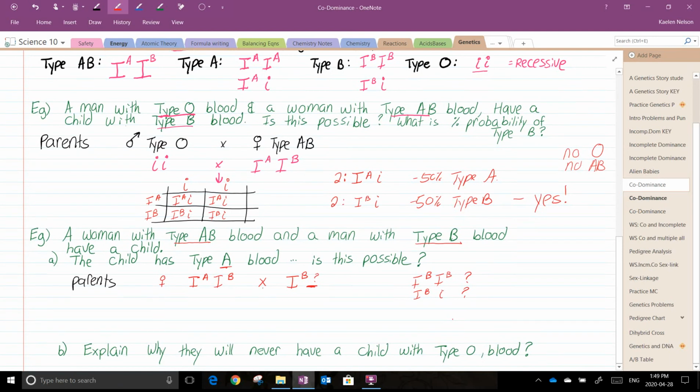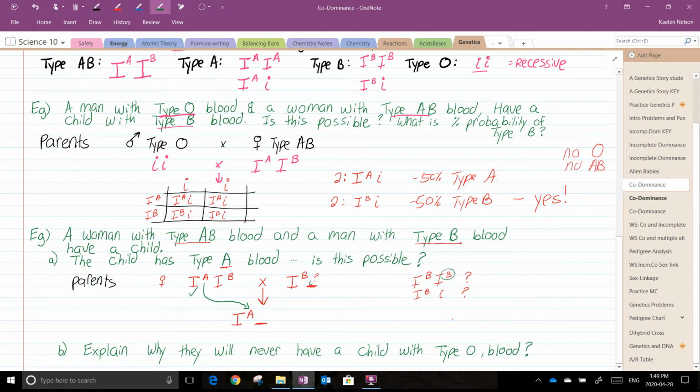So we're going to work backward a little bit. It says the child has type A. So to be a type A child, you can have capital A something. So if I work backward, I can see that this A came from mom. And if this were a capital B, then this would be a B here, and then I would not have a type A child.